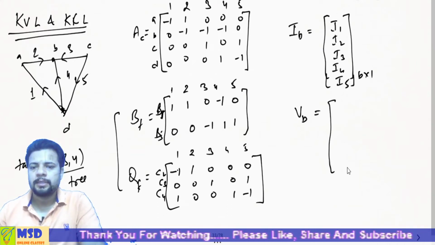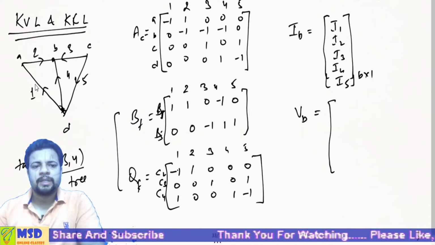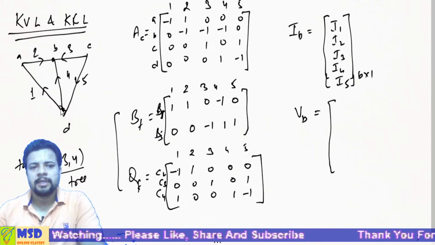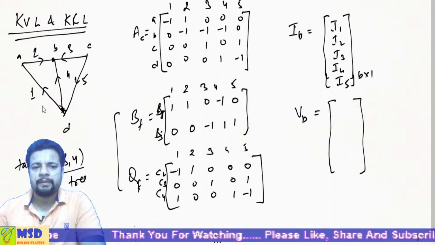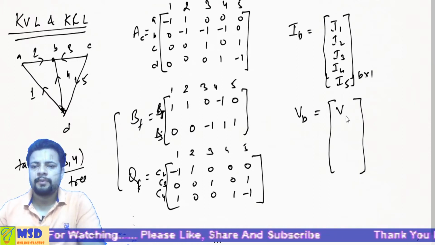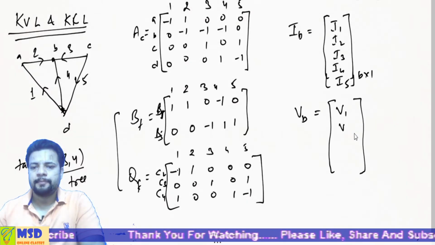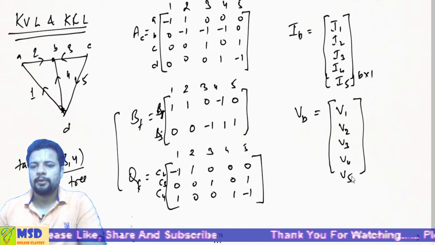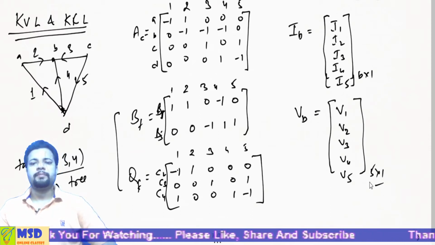This is your branch voltage vector. Now branch voltage vector is nothing but the potential difference across any branch in a given network. So here we have considered 5 branches, so therefore we will be having 5 elements in this matrix again. I hope you can write these matrices. So it is a 5 cross 1 matrix.